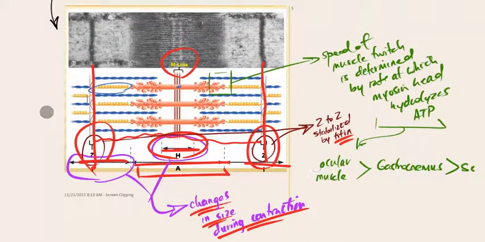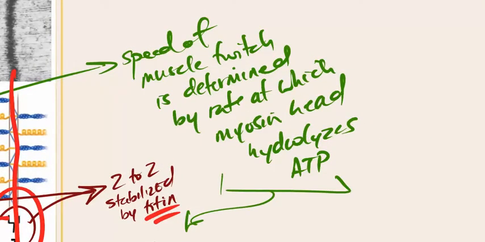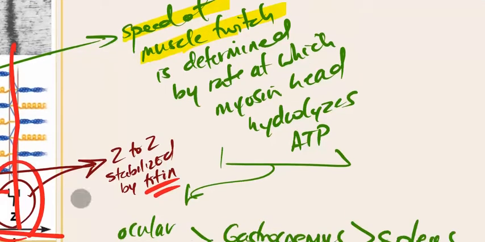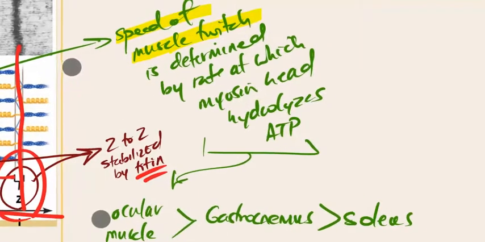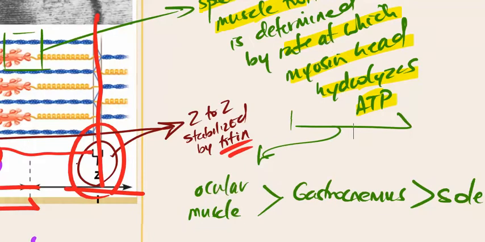Okay, then this is the last thing. The last thing that I think is important to point out to you guys is the speed of the twitch. When you elicit that contraction, you get the twitch. The speed of the twitch is determined by the rate at which the myosin head hydrolyzes ATP.